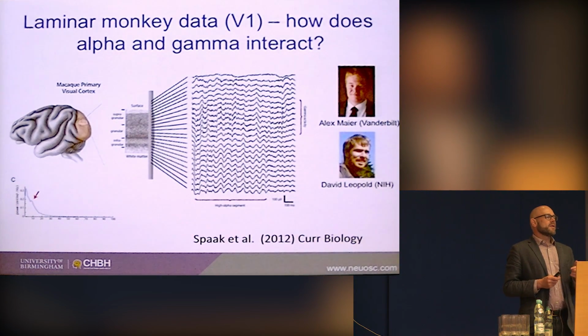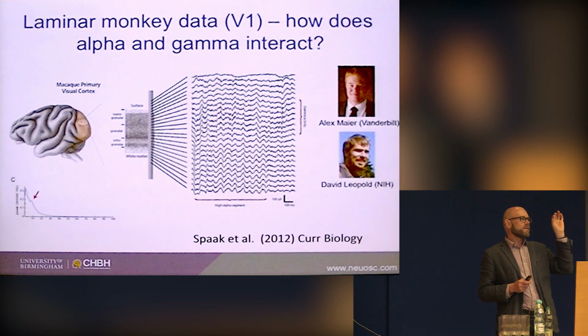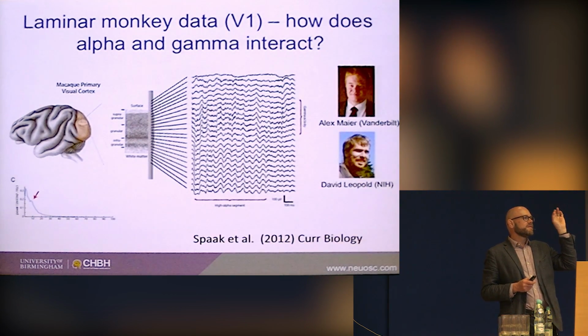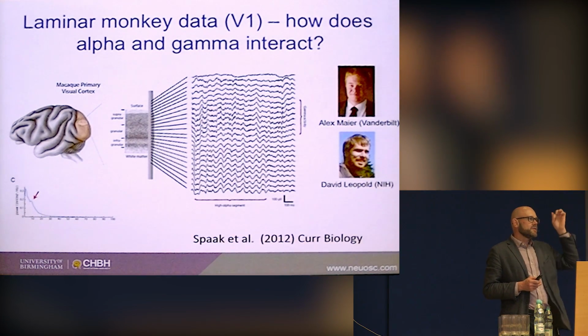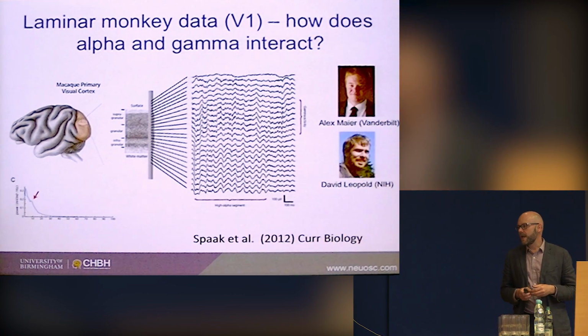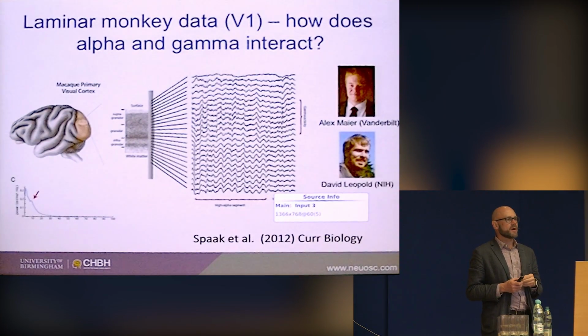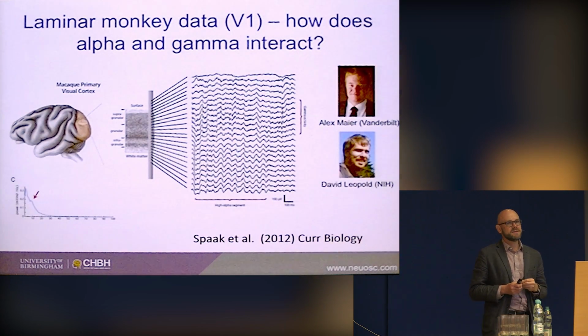These laminar recordings are still a kind of EEG recording. It's just like you have a lot of finely spaced electrodes on a little pen, if you will, that you penetrate through the cortical layers. So it allows you to infer what's going on in different cortical laminae. And if you look at this plot, you can almost, with the naked eye, see that in the deeper layers there's some sort of alpha activity going on, whereas in the more superficial layers there's faster gamma band activity.